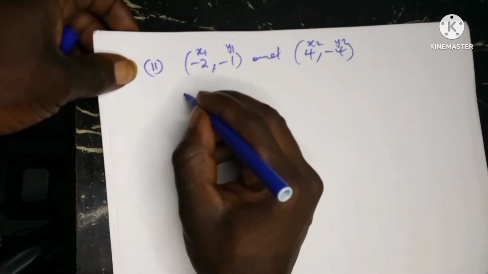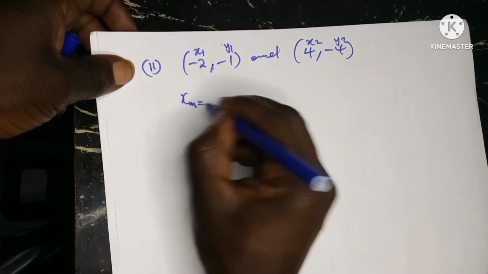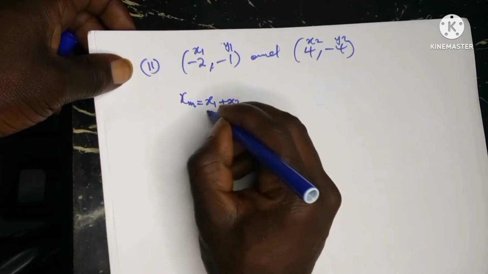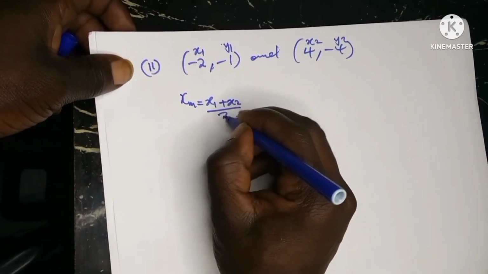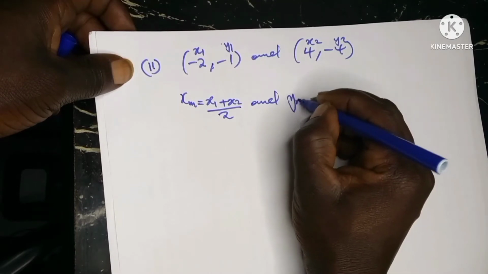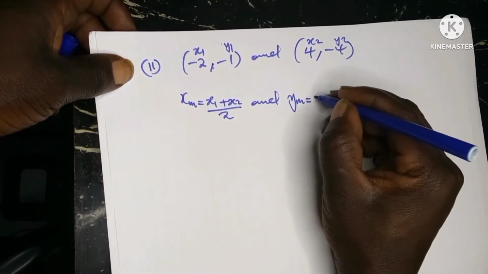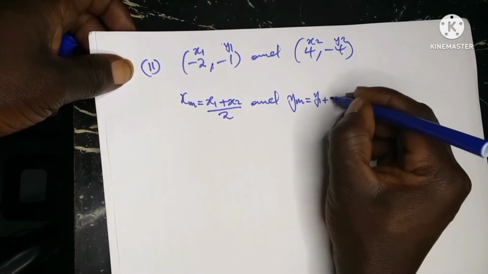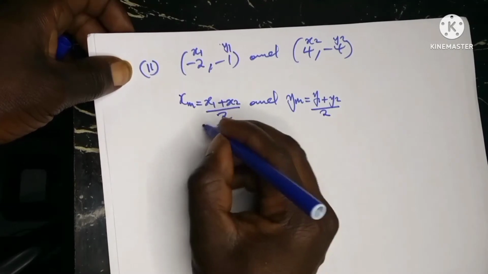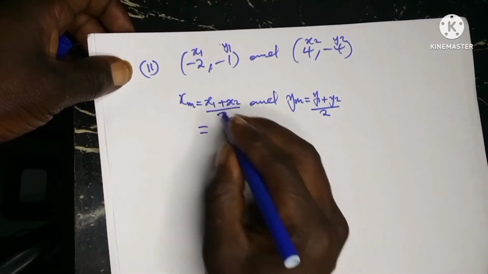Now let's write the formula. We have xm equals x1 plus x2 over 2, and for y, ym equals y1 plus y2 over 2. So let's substitute now.